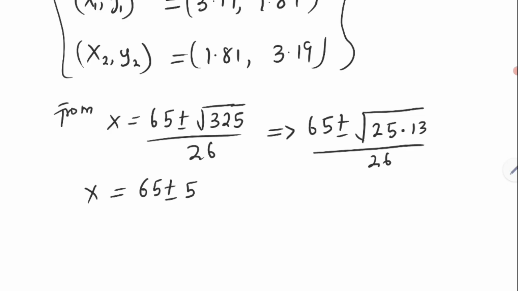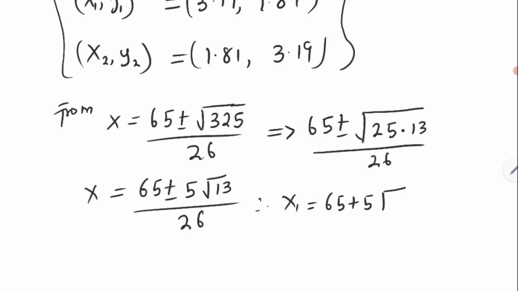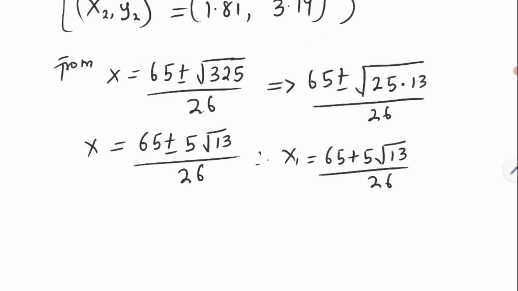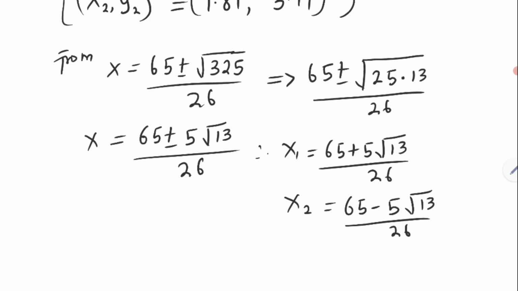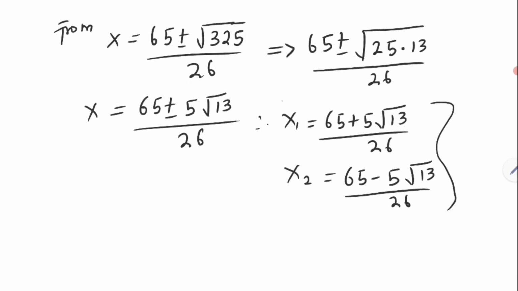This is 5, then root 13 over 26. Therefore, S1 is equal to 65 plus 5 root 13 over 26, and S2 is equal to 65 minus 5 root 13 over 26. We've gotten the value of x1 and x2.